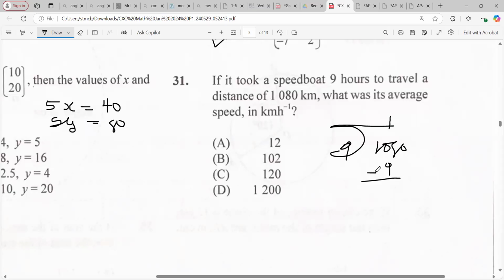Subtract, you get 1. Carry down your 8, you get 18. 9 into 18 is 2 times. Then carry down the 0, and 9 into 0 is 0. So that would be 120. So this would be C.